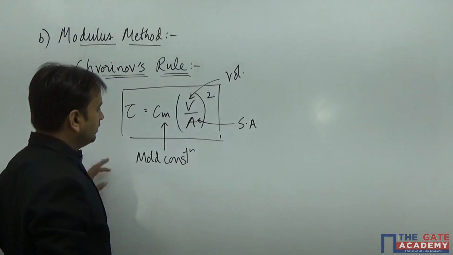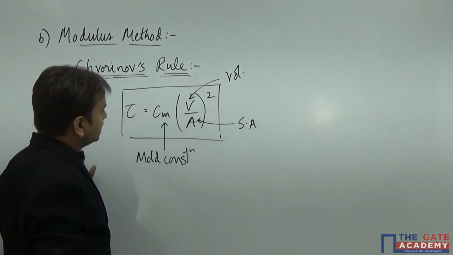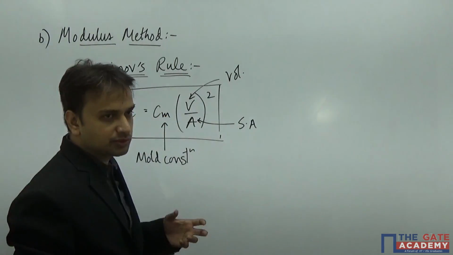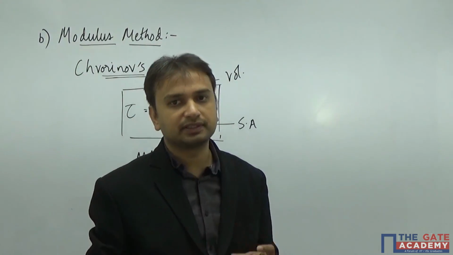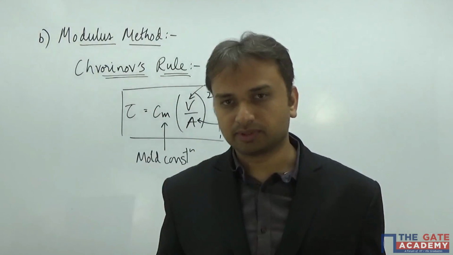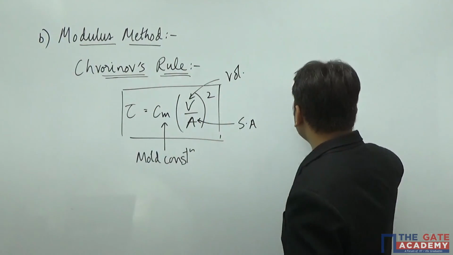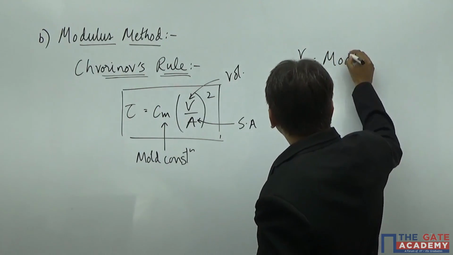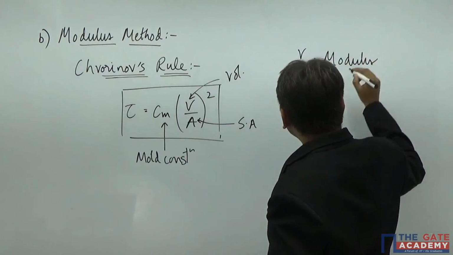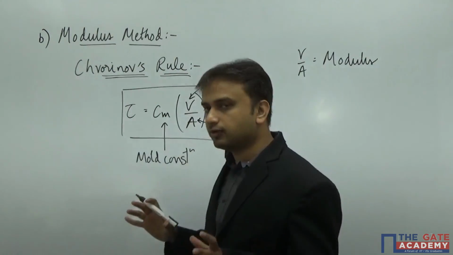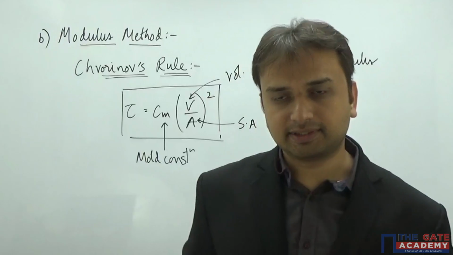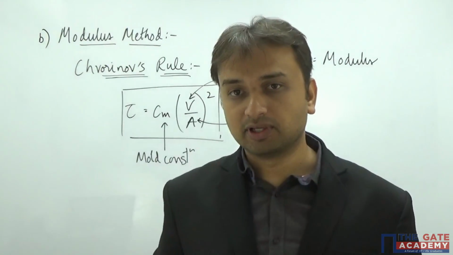Now what he said is that this V by A ratio, let me call it a modulus. So he said, I'm going to call the V by A ratio the modulus. And he said that if a casting or a riser or any body has a higher modulus, what does it mean?